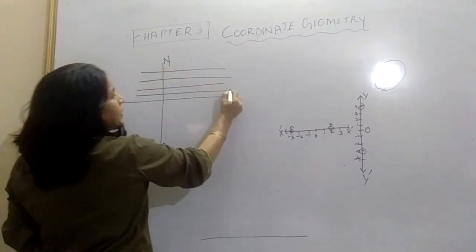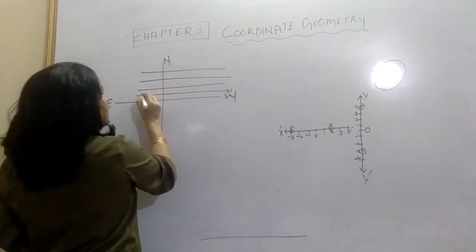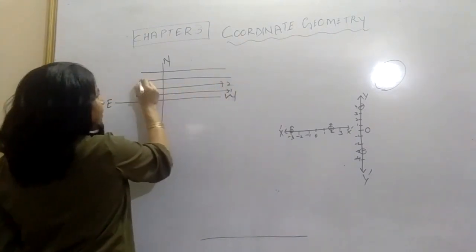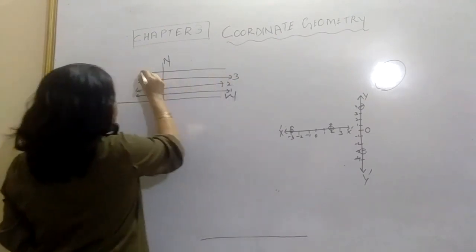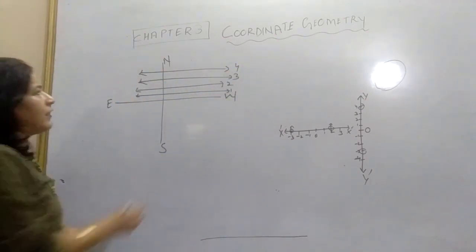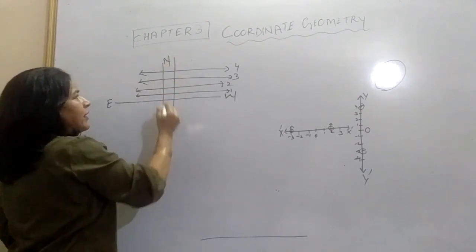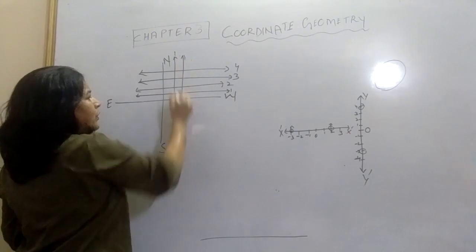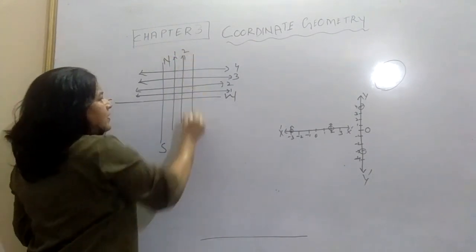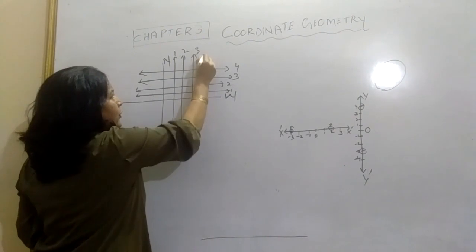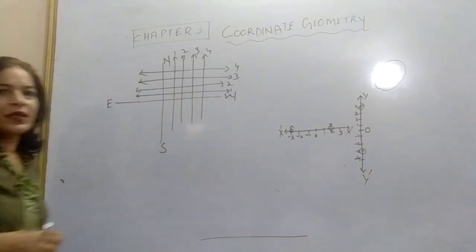Suppose there are street numbers 1, 2, 3 and 4 in the east-west direction, and street number 1, 2, 3, 4 and so on in the north-south direction.